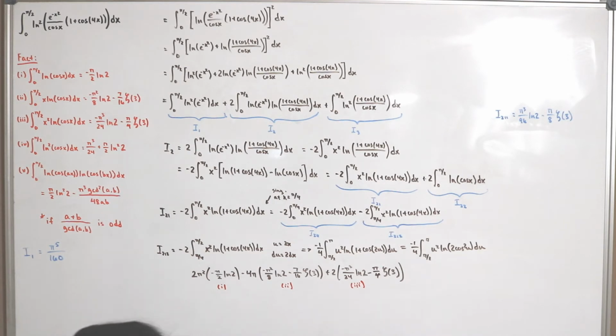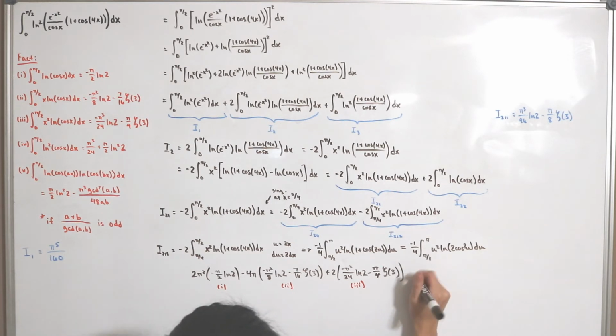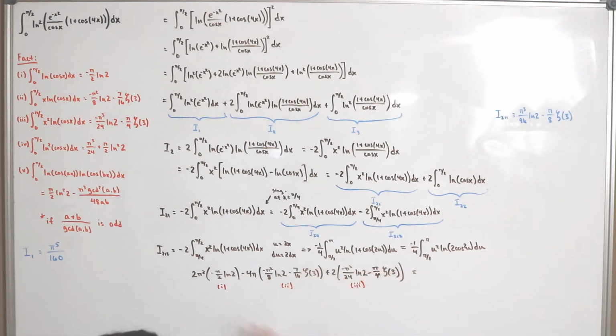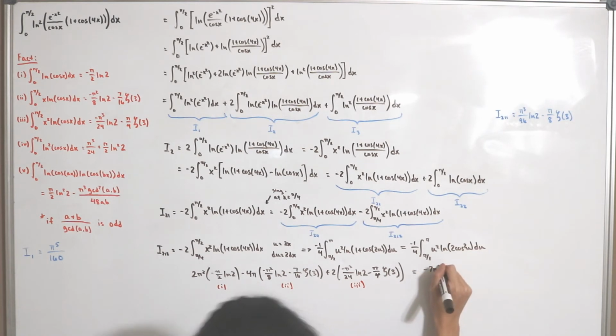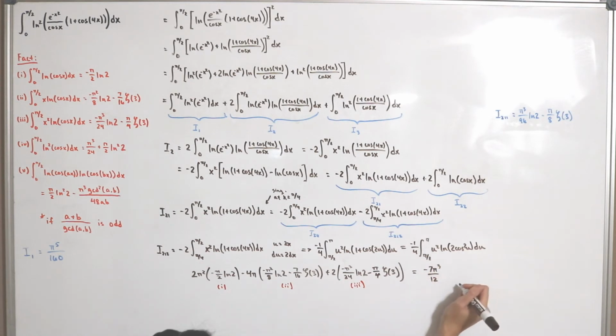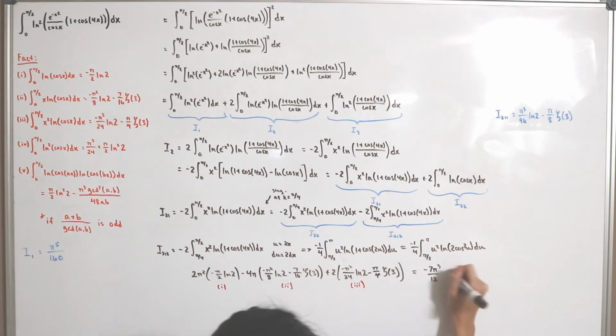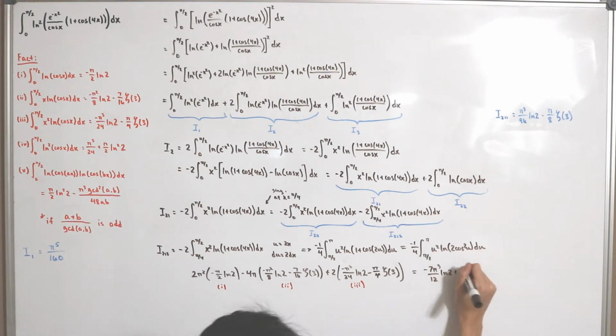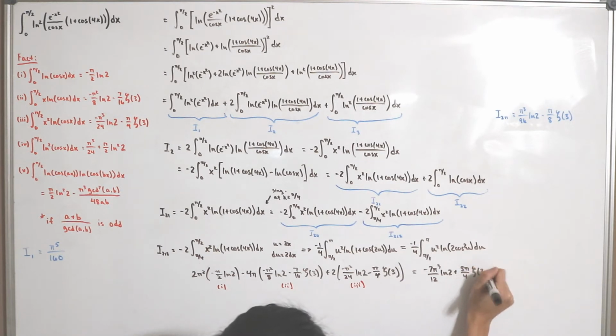Okay, and when I simplified this out, I'm just going to skip the steps. You can check this yourself if you want to. You're going to get that this entire expression is just equal to negative 7π³/12 multiplied by natural log of 2 plus 5π/4 of the a priori constant.